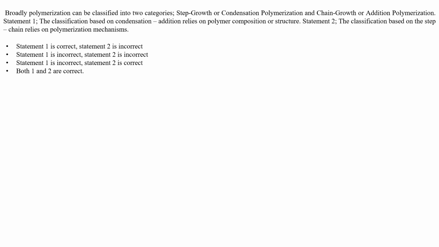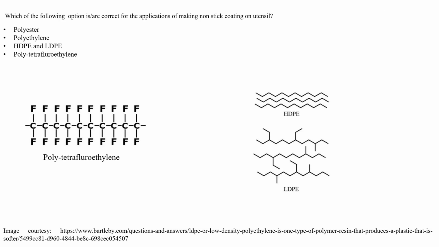So both one and two in these definitions are correct because it depends on the polymer composition or structure to see if the condensation product will be water or maybe some other material, or will we have a condensation product at all or not. And based on that, we can tell that these statements one and two are correct.